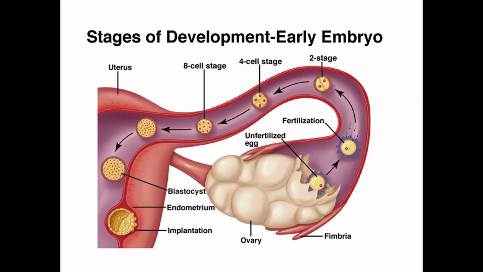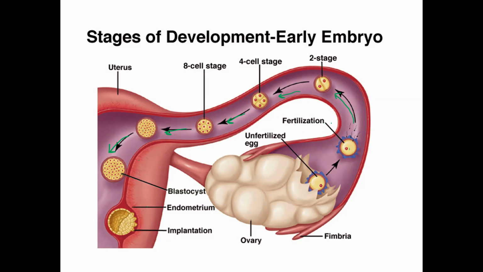So the egg gets fertilized here, and now the egg travels down the fallopian tube from there. It normally takes about 2 days or so for the egg to make its way down the fallopian tube and enter the uterus. During that time, that fertilized egg goes through multiple mitotic divisions.